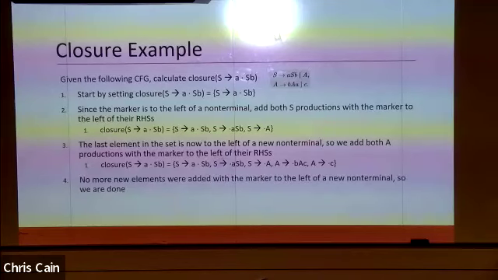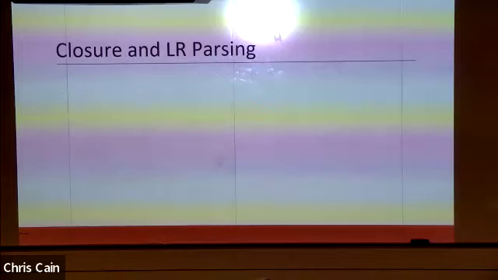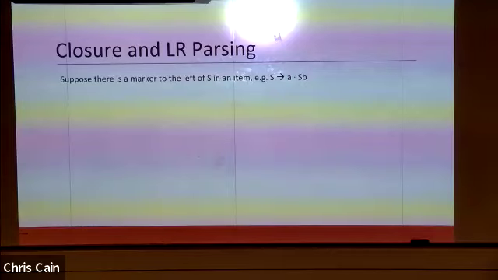Questions on this? How do we feel about the concept of iterating a grammar and adding to a closure? So how does this help us? If we have a marker, this dot, to the left of S in an item, it tells us the A is on the stack, and we're looking for this capital S B to not be on the stack.